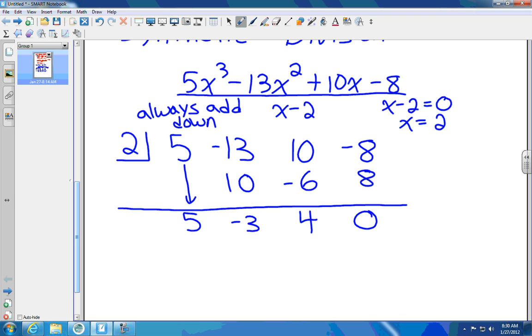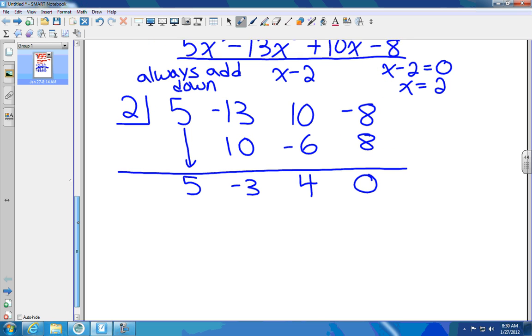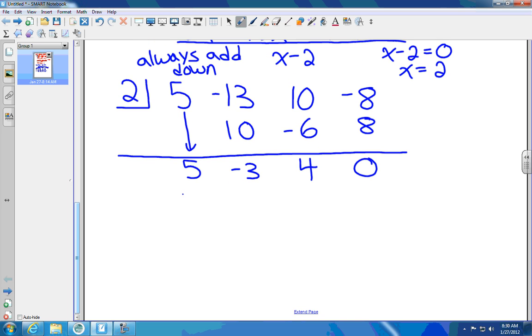So your answer must have all of your variables in it again, and right now what we've got there has none. So how you put your variables back into this answer: whatever you started with, the highest degree, was x to the third, so the next one down would be x squared, and that's what you put in here. So it's 5x squared.